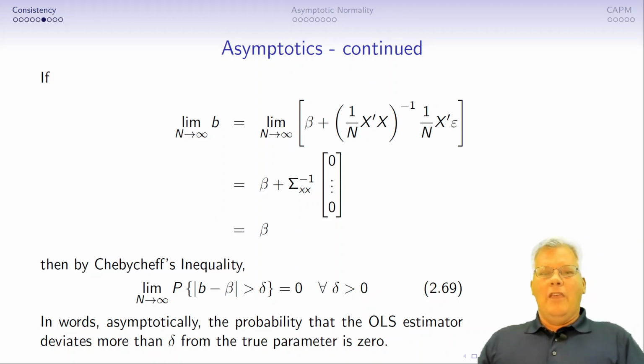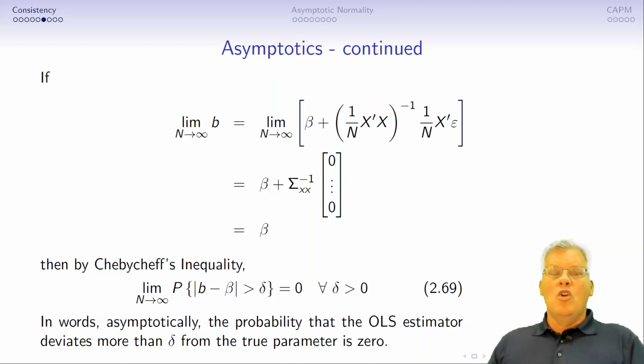Now, if we consider what the limit of b is as the sample size approaches infinity, we'll borrow that term from a couple slides back, and we'll consider what happens as the sample size goes to infinity. Well, borrowing from the previous slides, of course, beta is a non-stochastic constant, so as the sample size goes to infinity, the value of beta is not affected.